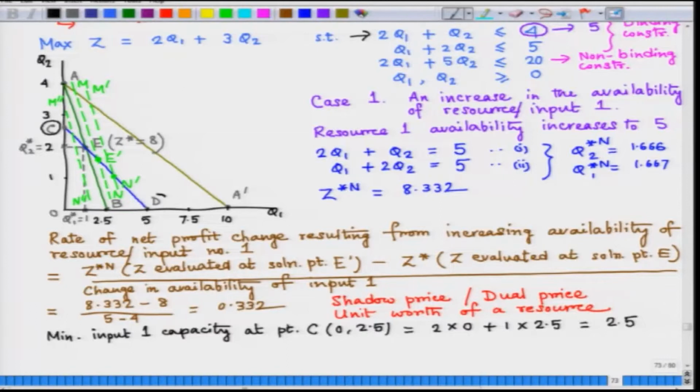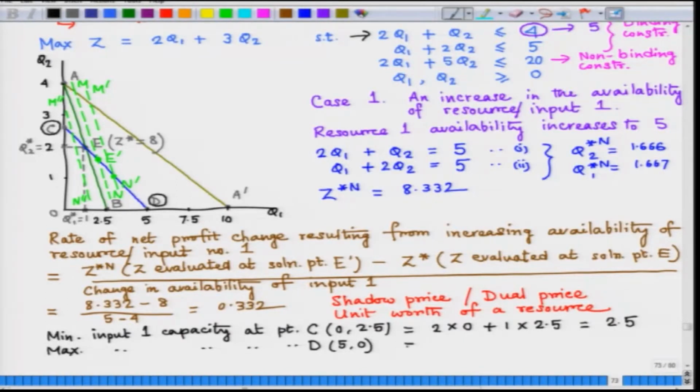Now, we move to the other extreme point of the range in which these parallel movements of the A B line are permissible. So, for that we can now talk about maximum input 1 capacity at point D. So, point D is basically given by the coordinate 5, 0.